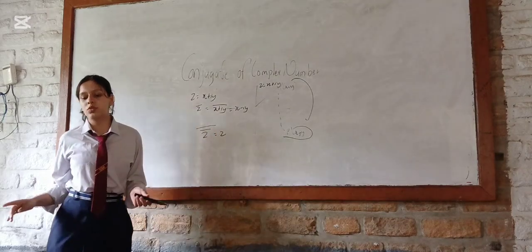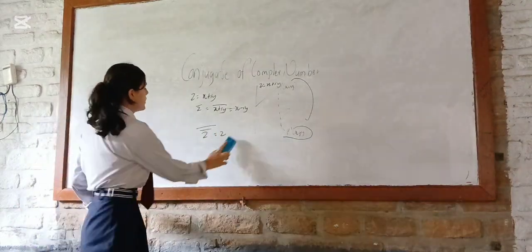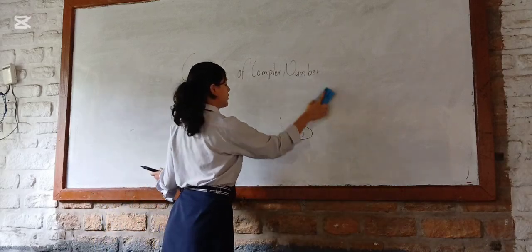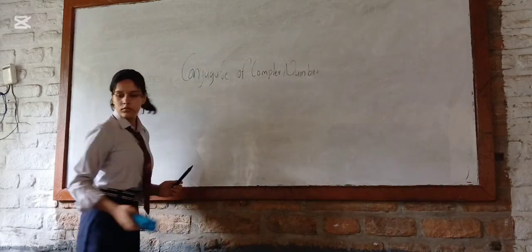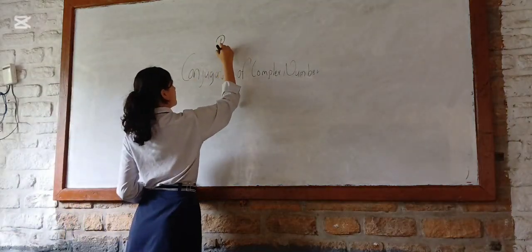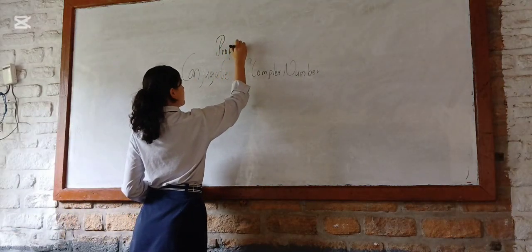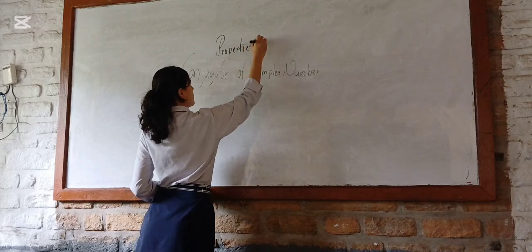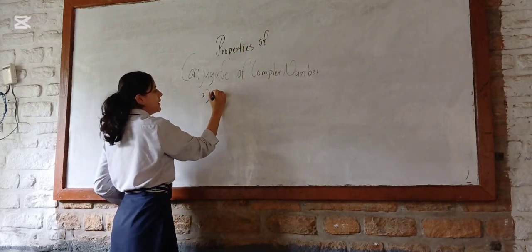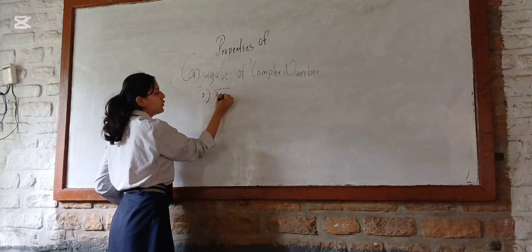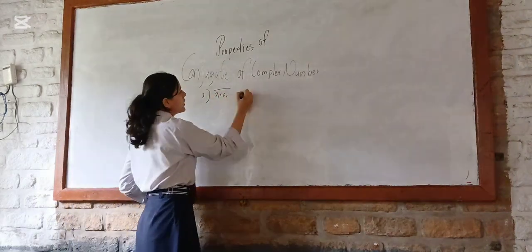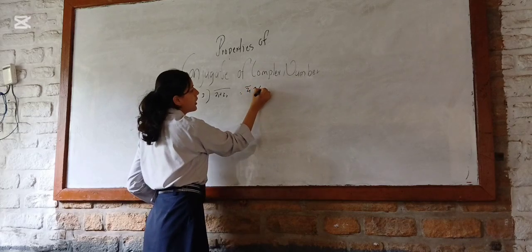So now let us move on towards its properties. Number one property is that the conjugate of the sum of two complex numbers z1 and z2 is equal to the sum of their conjugates.